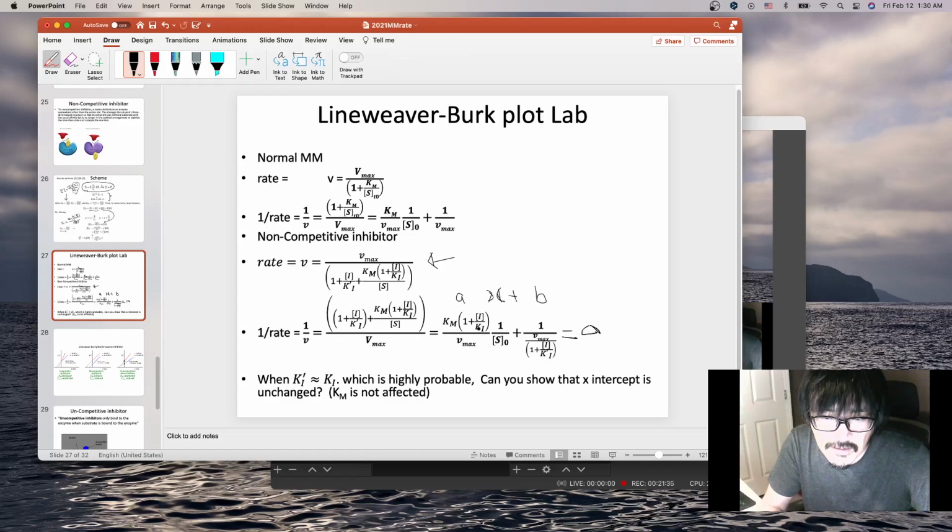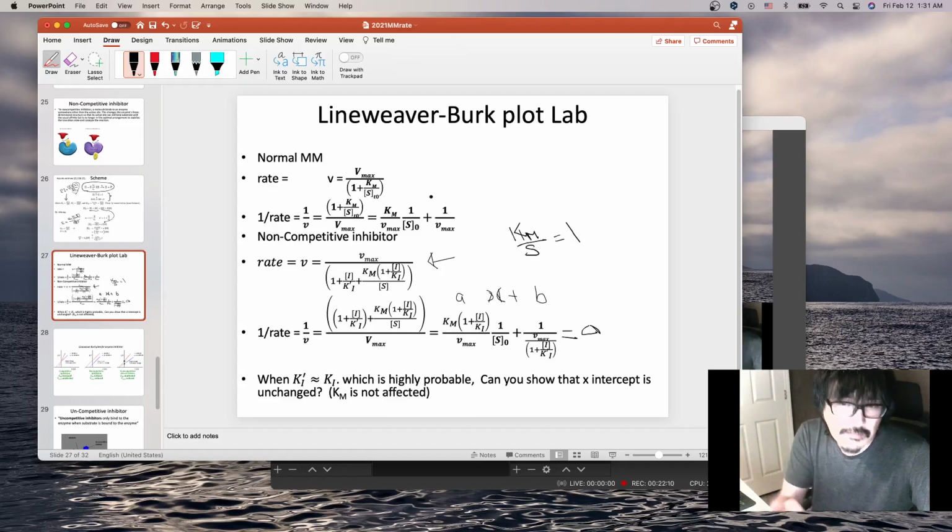Meaning that these things right here are nearly identical. So remember that one is supposed to be on top, right? So these guys are cancelled. Then what's going to happen is that Vmax is going to cancel. I get the Km over S is equal to 1.